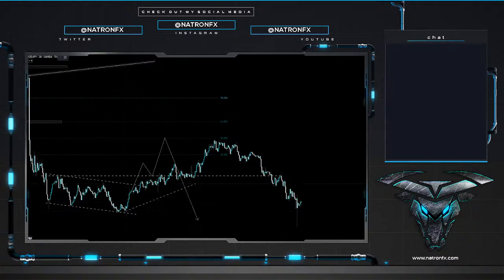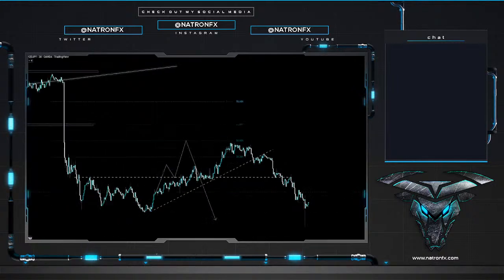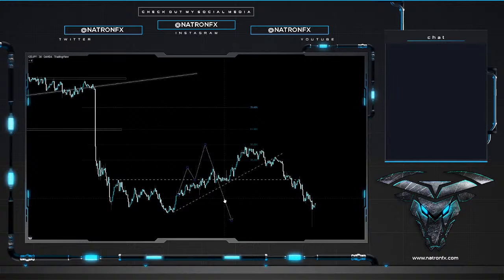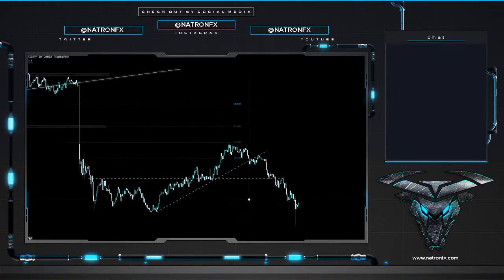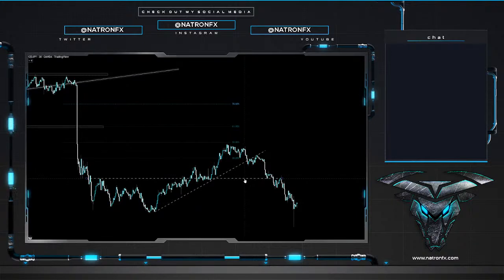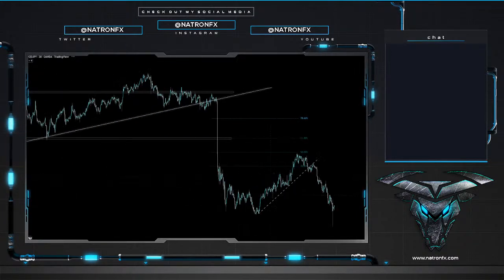So let's do this. Again, here's your trade plan. Here's the plan you would have followed if you were around but missed it, so redrawing everything.